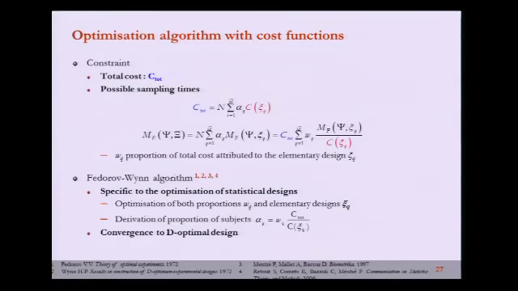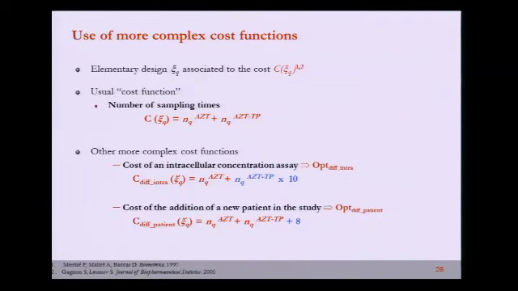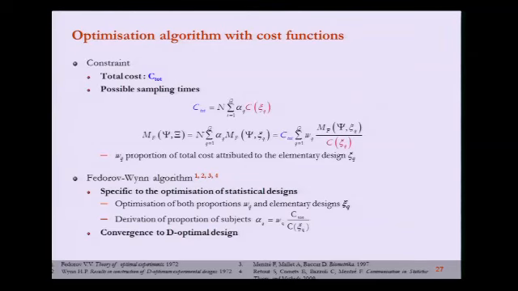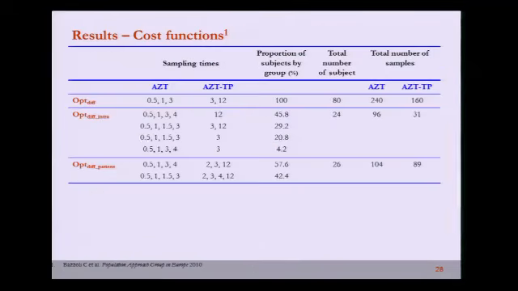So we could use the Federov-Wynn algorithm, and the idea, of course, of using a cost function is not ours. It was also by Sergi and Gagnon in that paper. And indeed, you can find what the optimal proportions of elementary designs are, and then what the optimal proportion of subjects is.